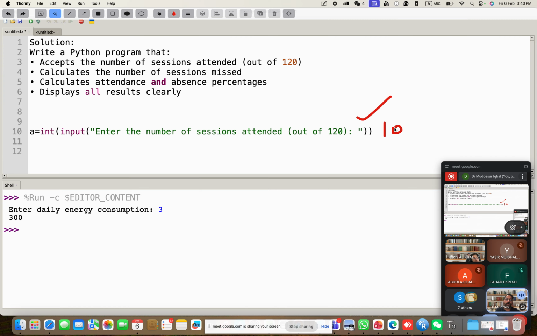And then I ask, calculate the number of sessions missed. So how many did you miss, Faraz? I missed a lot, doctor. Exactly, you missed a lot, didn't you? You only attended 10 out of 120. So how many did you miss?